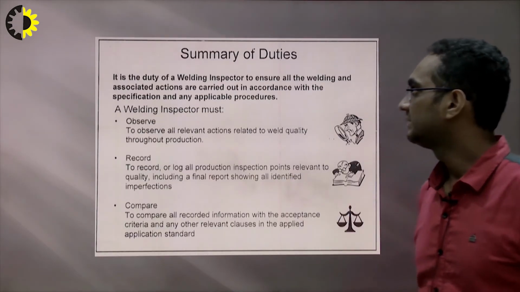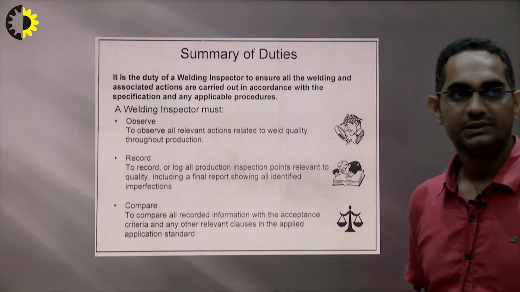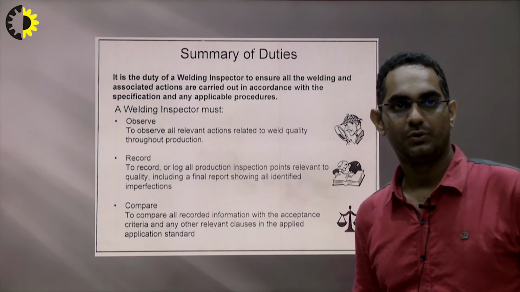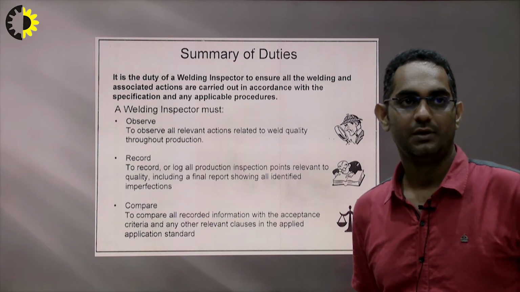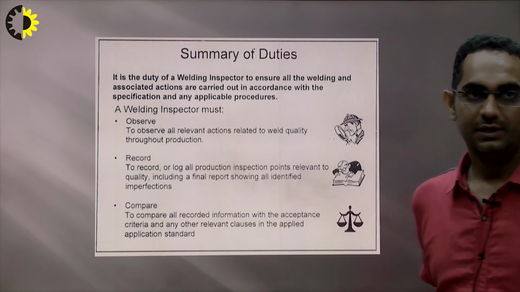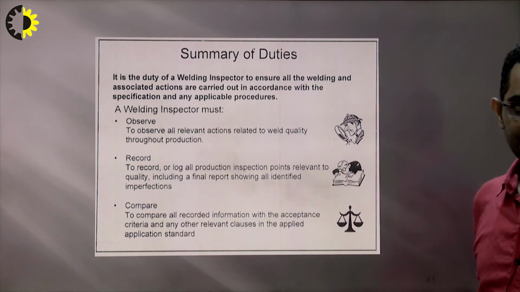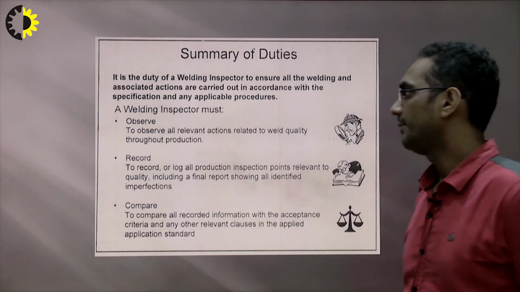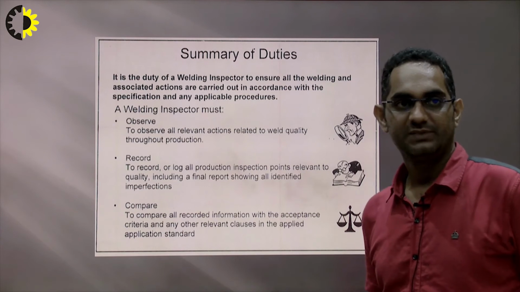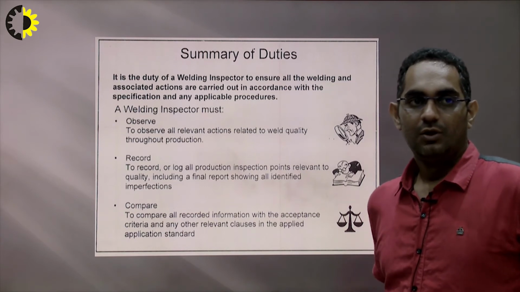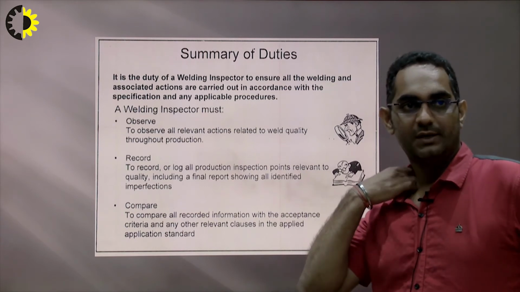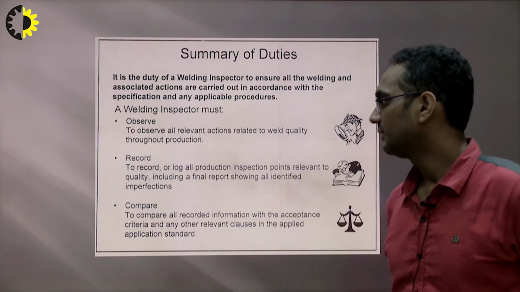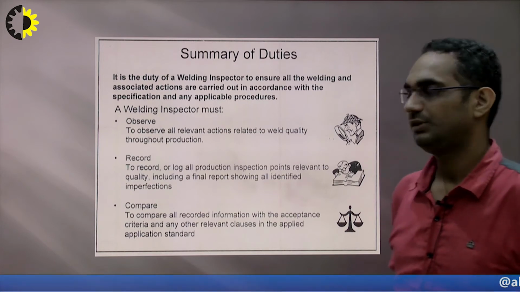Next is the summary of duties. It is the duty of a welding inspector to ensure all the welding and associated actions are carried out in accordance with the specification and applicable procedure. A welding inspector must observe all the relevant actions related to weld quality throughout the procedure.